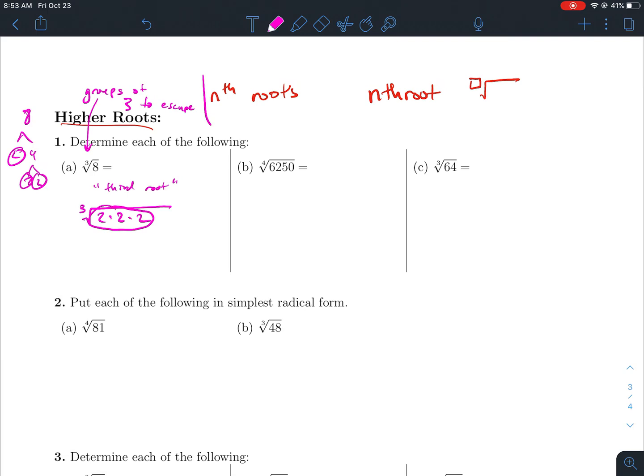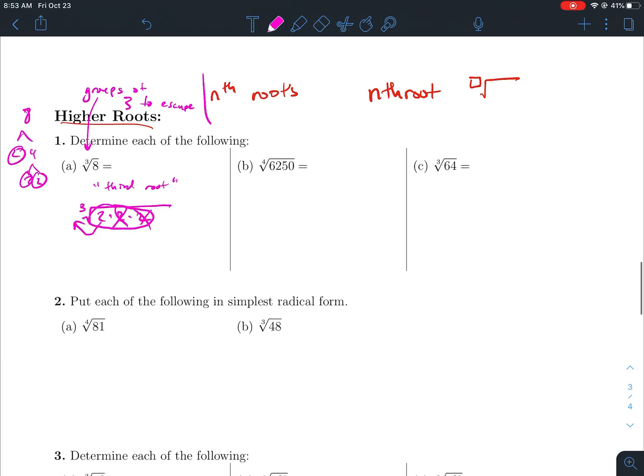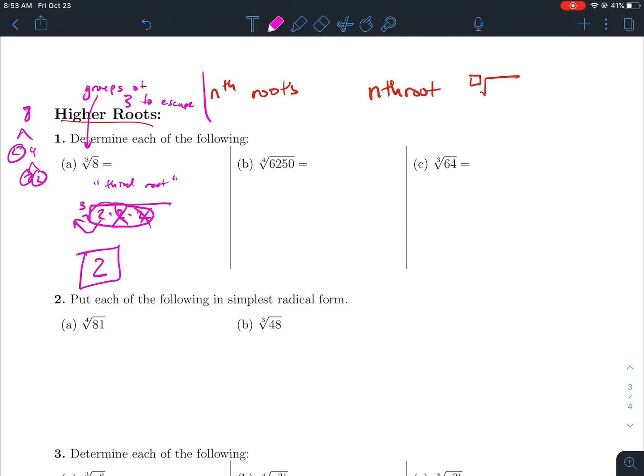So you're going to try to escape as a group of 3 this time. But this time, it's a harder jail. The 3 means it's tougher. So still only 1 gets out. No matter what group size, only 1 ever gets out. But this time, the other 2 die. And so since the 1 got out, we're left with 2. And everyone else died. There's no one left in the cube root. So this is our final answer for this one.